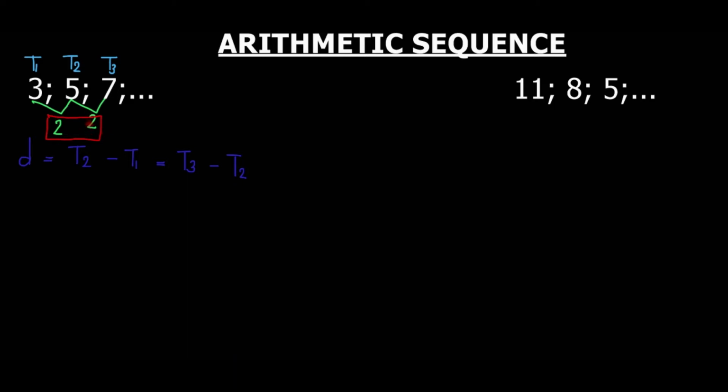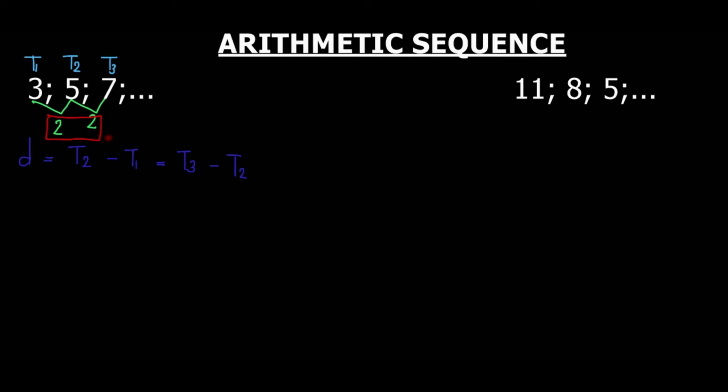So this number will be the constant difference. Meaning every time I see a sequence, I try to get term 2 minus term number 1 and then term 3 minus term 2, and check whether those differences are the same.